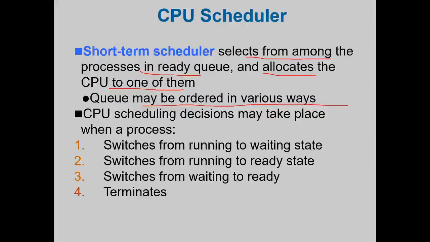CPU scheduling decisions may take place when a process switches from running to waiting state, when it switches from running to ready state, when it switches from waiting to ready state, and when it terminates and we must select the next process. So in all these situations, CPU scheduling decisions are needed.